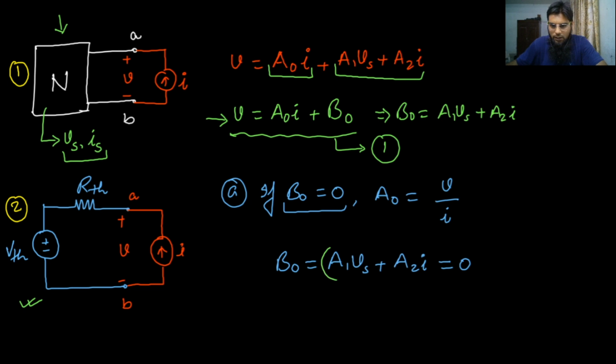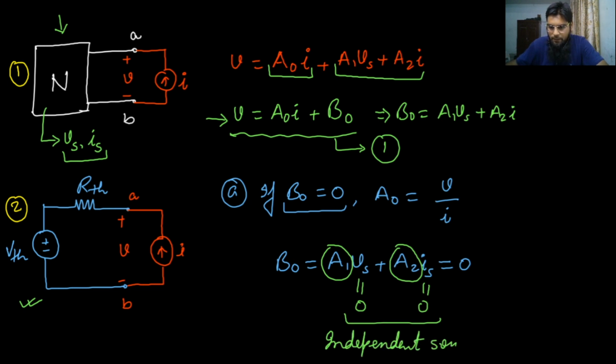We cannot put A1 and A2 to 0 because these are constant values, and Vs and Is are two independent sources. So in order to put this B naught to 0, we are just making Vs to 0 and Is to 0. So let us write this: we are putting independent sources to 0.